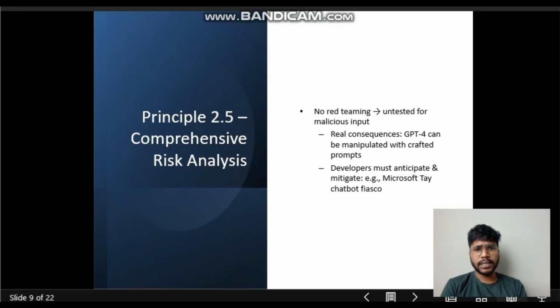Moving to the next, comprehensive risk analysis, principle 2.5. The first one is no red teaming and untested for malicious input, which directly means a failure to anticipate attacks. Ethical machine learning design requires red teaming, that's for sure, simulating attacks to test robustness.